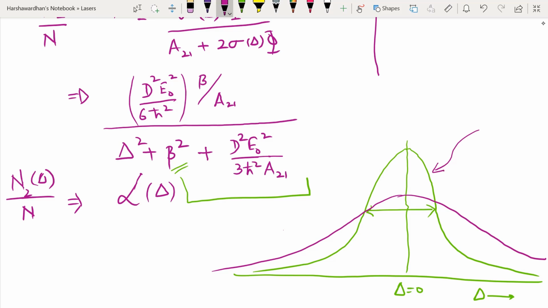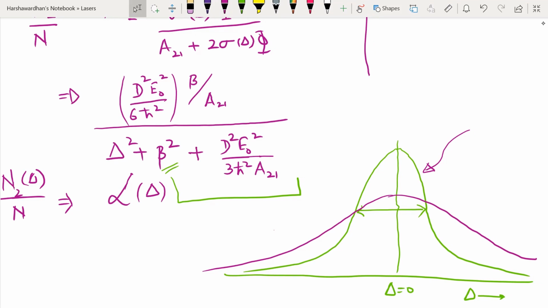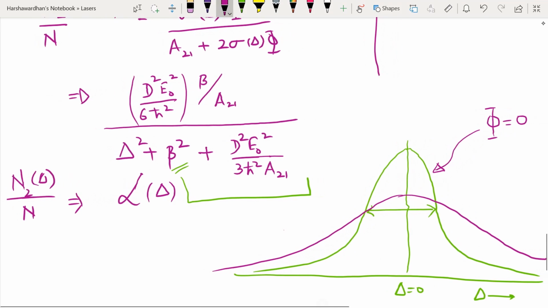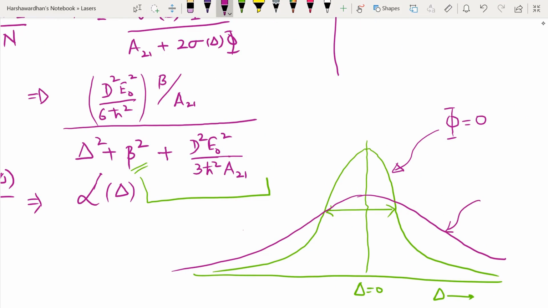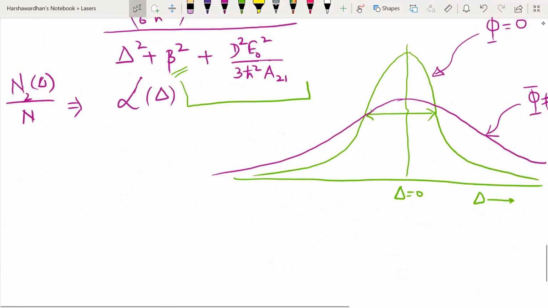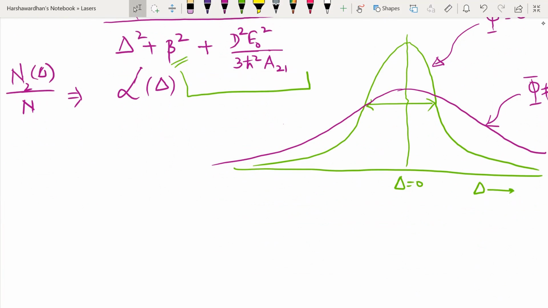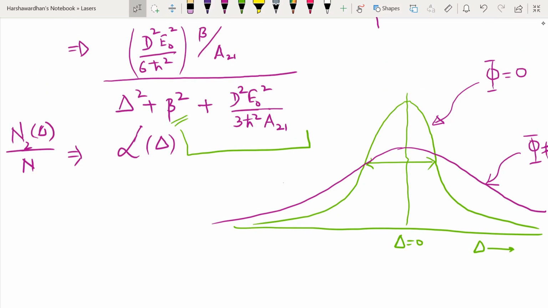This is the situation when my E naught square, that is my phi, is 0. This is when phi is finite. The number of atoms in the excited state is lowered because of this clear Lorentzian dependence, where the line shape itself gets broadened because of this factor sitting at the bottom.